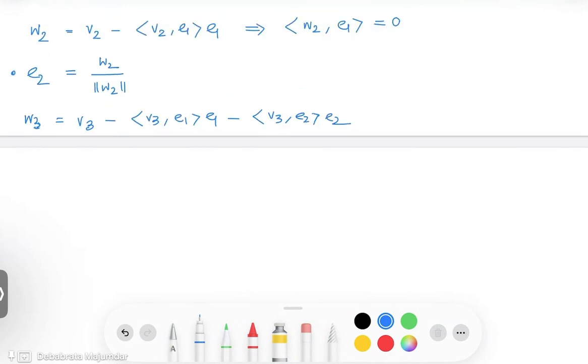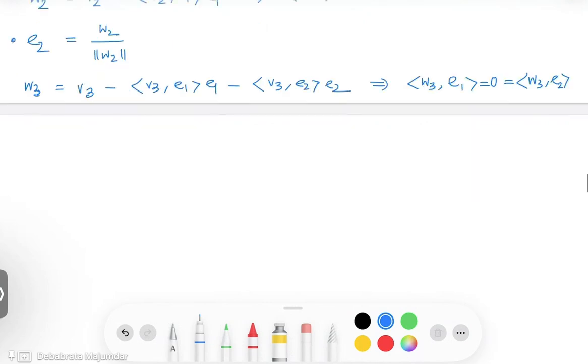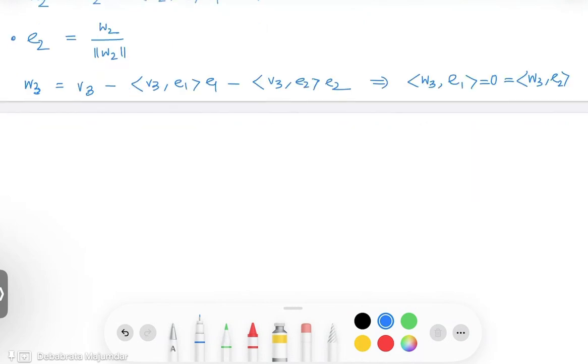So you can easily observe the inner product of W3 with E1 is 0, and inner product of W3 with E2 is also 0. Okay, so similarly we can define En, which will be Wn by norm of Wn. And what is Wn?